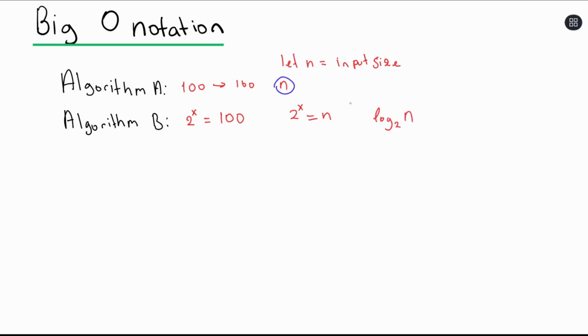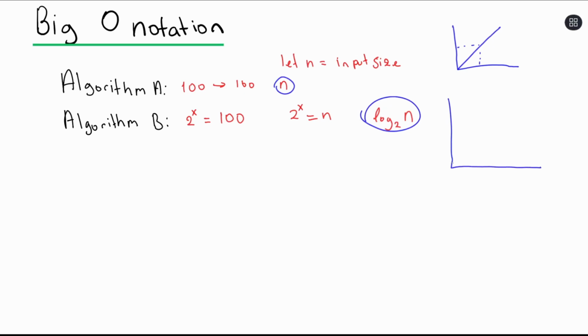So as you can see right here, we can get two different functions for these algorithms. For algorithm A, it would be a linear function. So something like this, where as input size increases, the output time also increases in a linear way. And for algorithm B, we would get a logarithmic function.